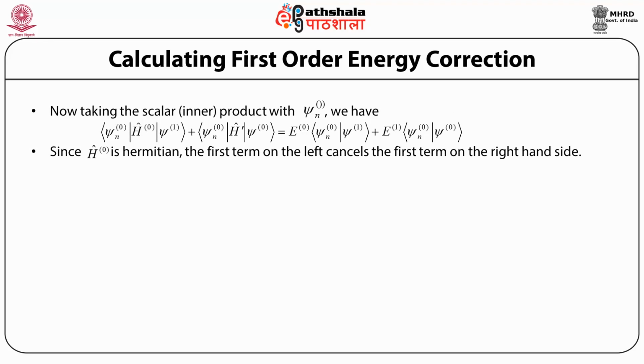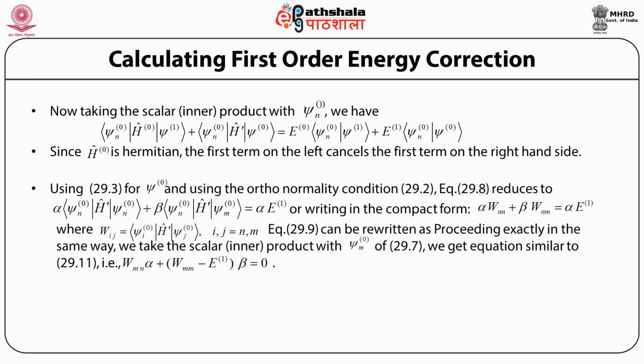Now taking the scalar or inner product with psi n0, we have the matrix element of H0 between psi n0 and psi 1 plus the matrix element of H prime between psi n0 and psi 0, which is equal to E0 into the scalar product of psi n0 and psi 1 plus E1 into the scalar product of psi n0 and psi 0. Since H0 is Hermitian, the first term on the left cancels the first term on the right hand side.